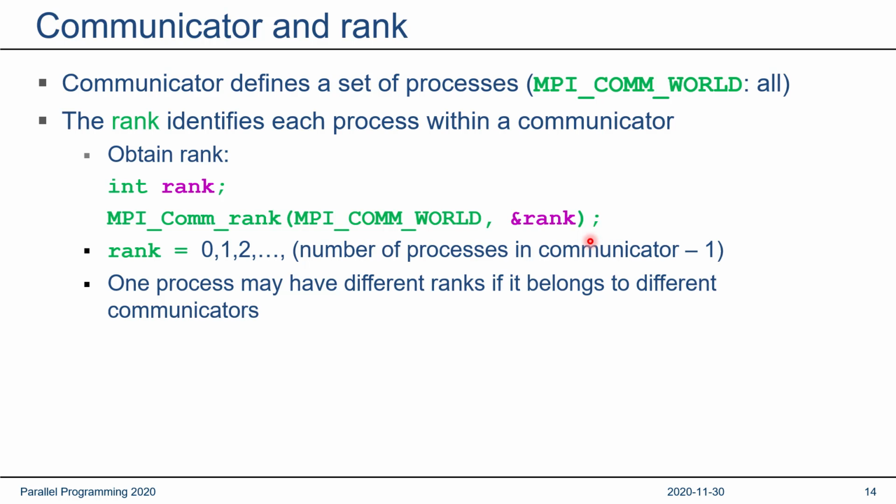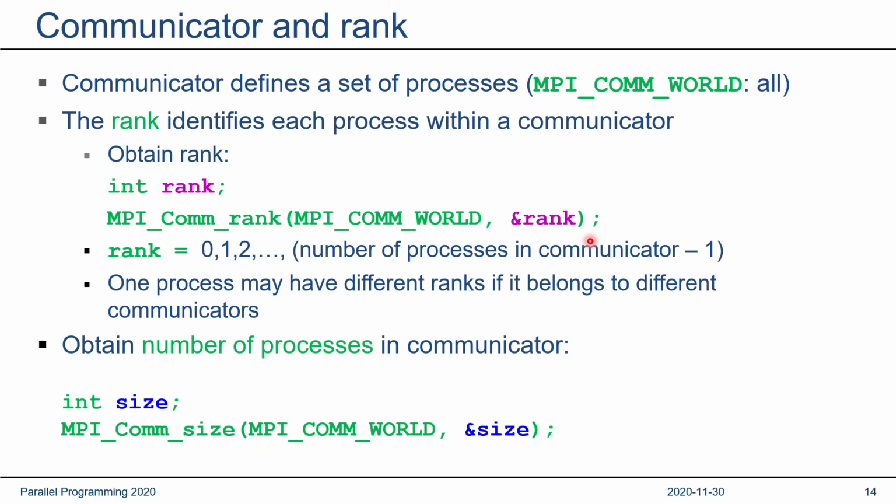Now remember that MPI_COMM_WORLD, even though it comprises all processes, is not the only communicator that may exist in a program. If there are multiple communicators, one process may have different ranks if it belongs to different communicators at the same time. This is entirely possible and also useful behavior, as we will see later. Of course, when we get the rank, we also have to know how many processes there are, and this is done via MPI_Comm_size.